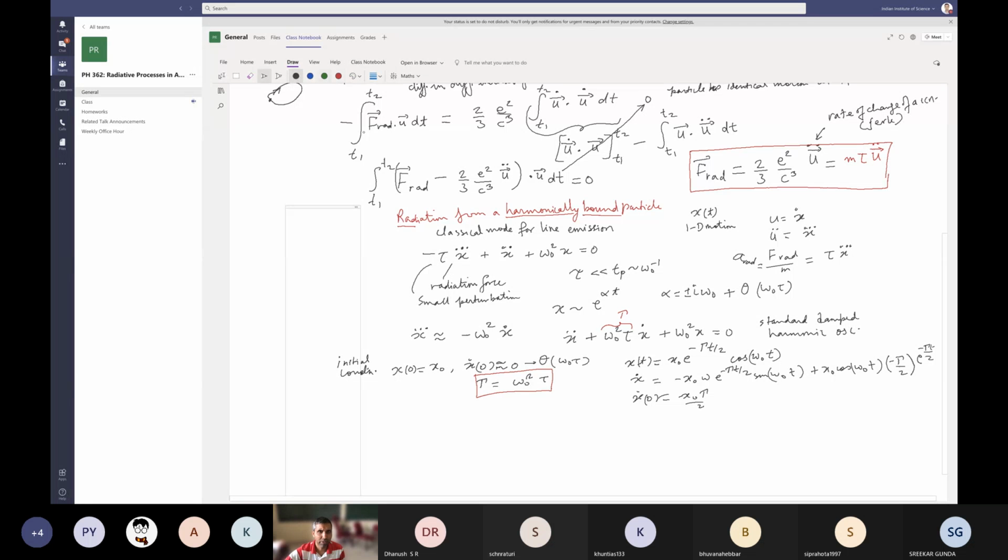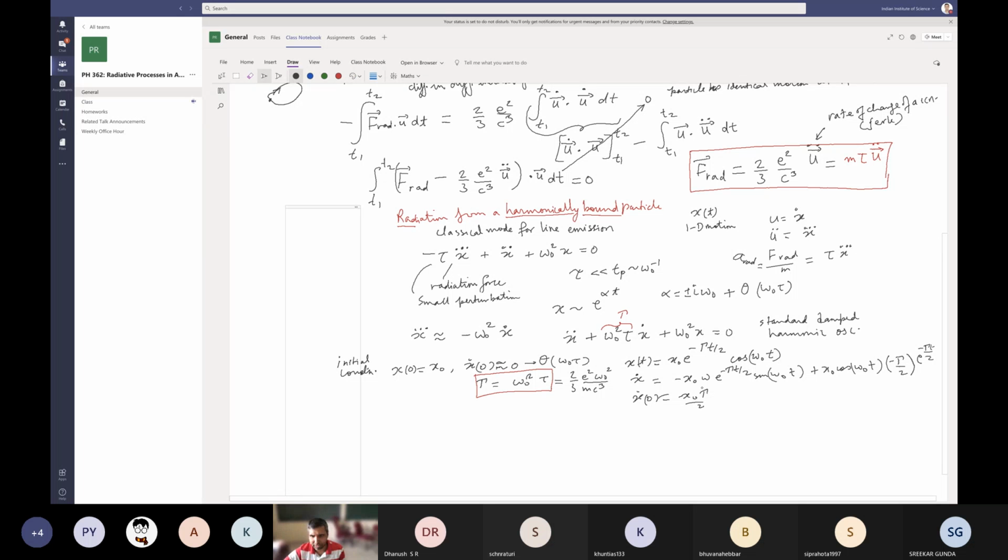And we know that this is equal to 2/3 e squared omega naught squared by m c cubed, from the expression for tau, with omega naught squared here.